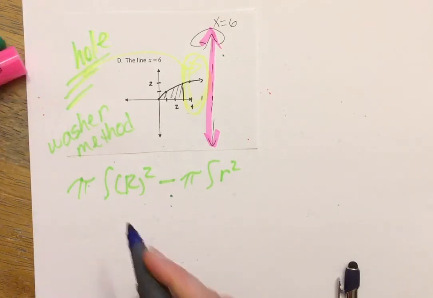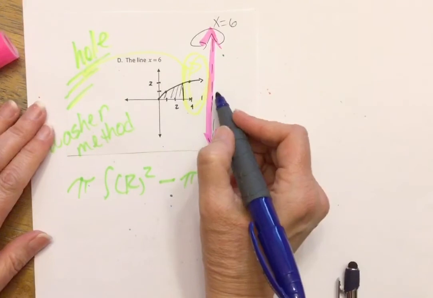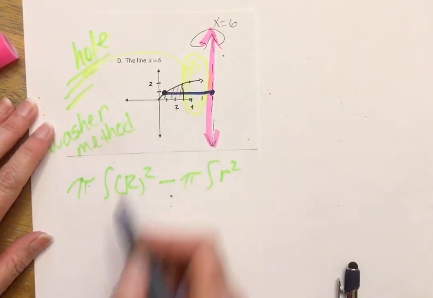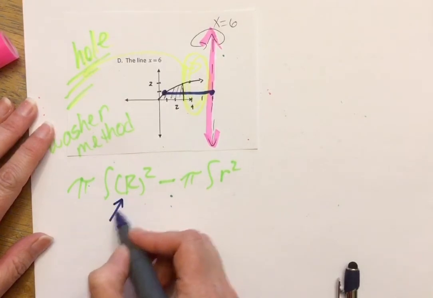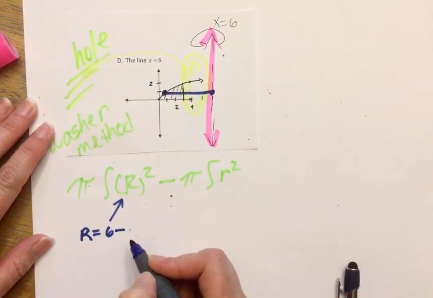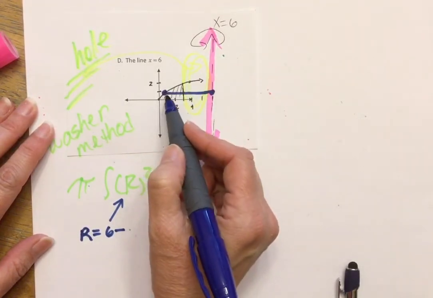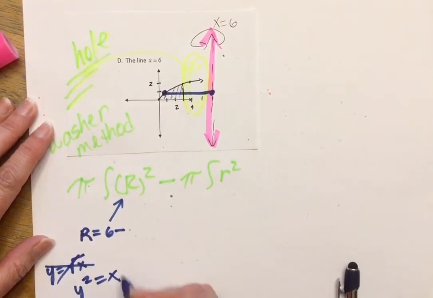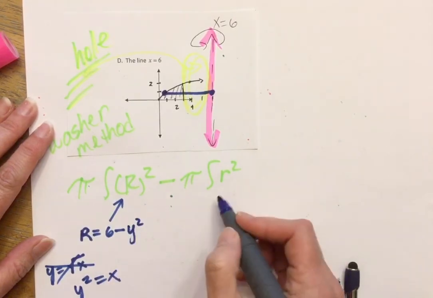So my big radius has to touch the thing I'm spinning about and the furthest function away from it. So my big R is going to be 6 minus, and the one furthest away from it is y equal to square root x, which became y squared equals x. Have to be in terms of y, so I want 6 minus y squared.